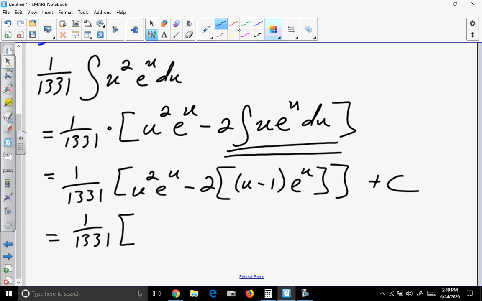Actually, let's do this. We have an e to the u in this term, and this term has an e to the u. So we can pull an e to the u out. If we take an e to the u out here, we're left with u squared. If we take an e to the u out here, we're left with negative 2u plus 2.